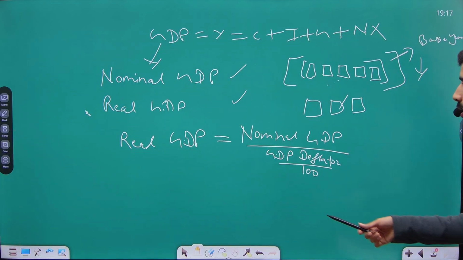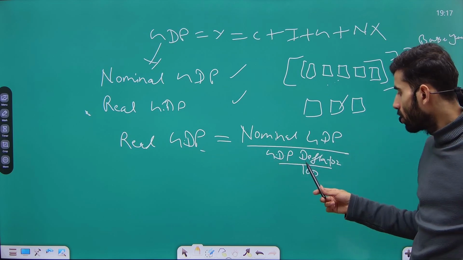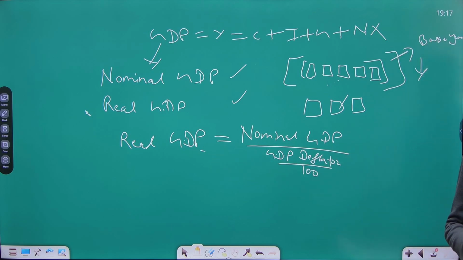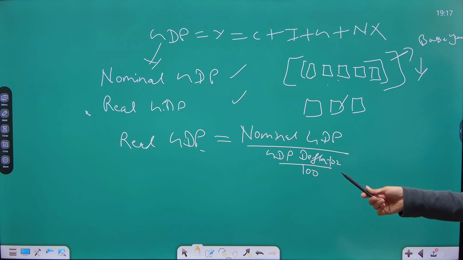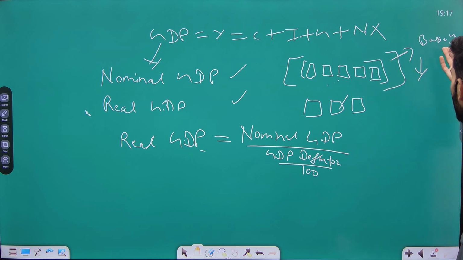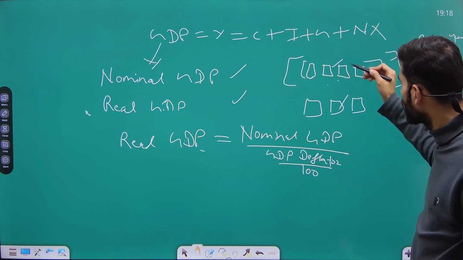So it means real GDP and nominal GDP are interlinked by a variable which is the GDP deflator. Now you might be curious, what is this GDP deflator? So GDP deflator is nothing but a price index that measures the average level of prices of all goods and services included in GDP. As we saw in the definition of a price index, it measures the average price level of specified goods and services.